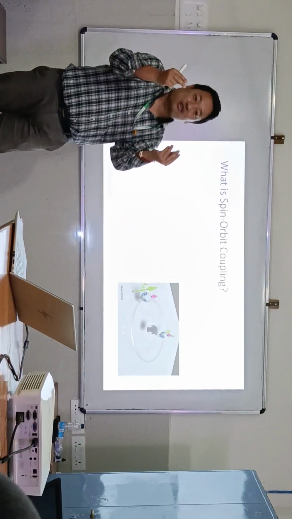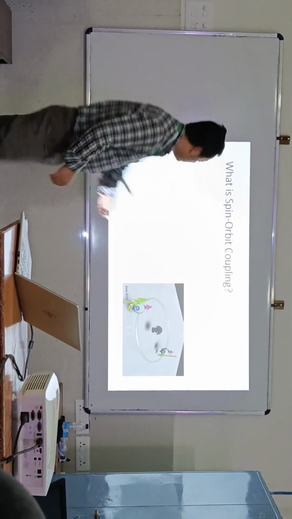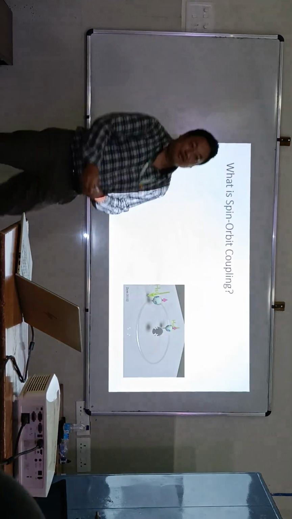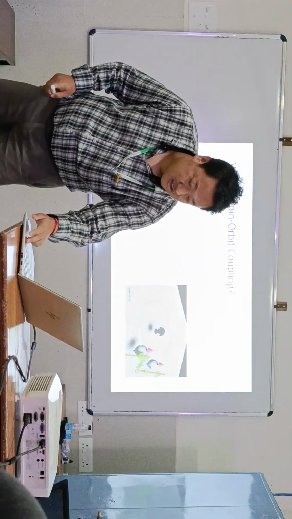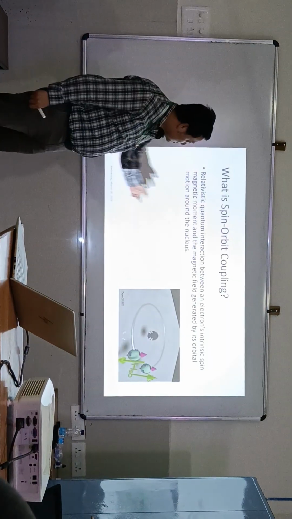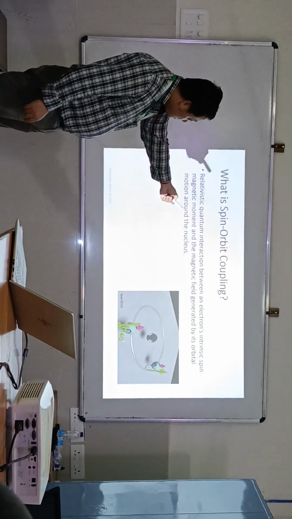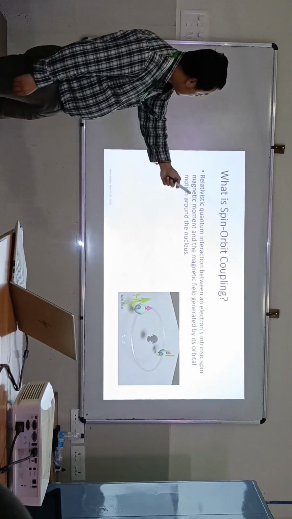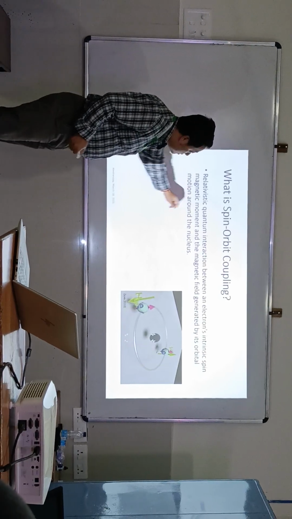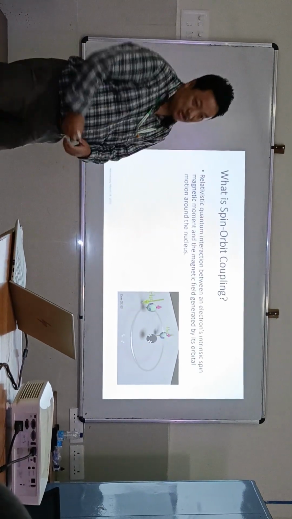When these two magnetic fields interact together, that is called coupling. I have a definition here, the book definition, so you can read and see. As I explained earlier, it is the interaction between the intrinsic spin magnetic moment and the magnetic field generated by its orbital motion around the nucleus.